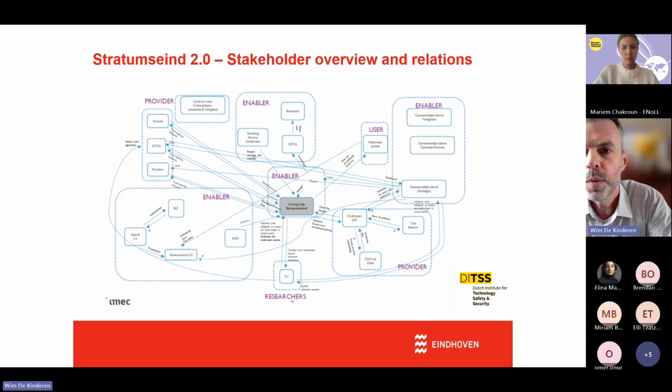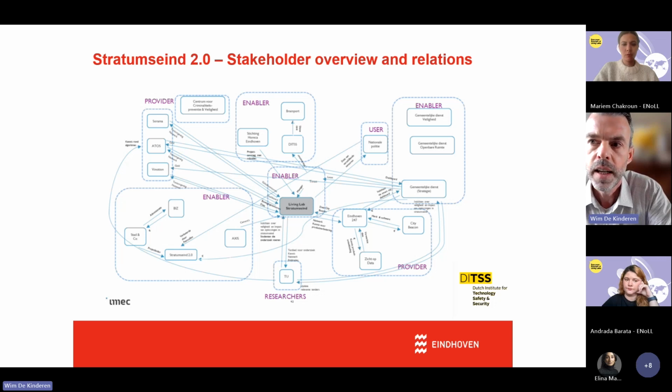Because even if we had a full-time living lab manager, the number of activities there and how it evolved in all different directions was really getting quite big. And the people, for example, who were owning the bars and the restaurants, the people for whom we did it originally, from the interviews, it was revealed that they actually had no idea after 10 years why all those cameras were in the streets.